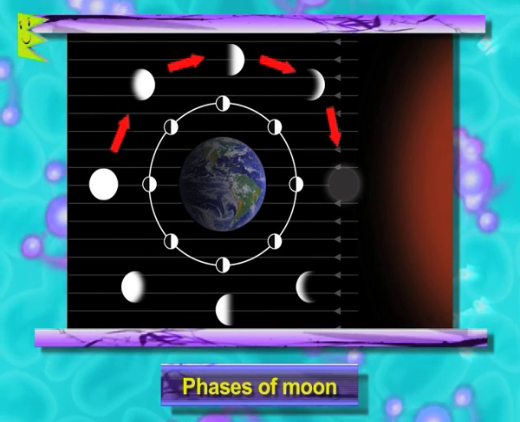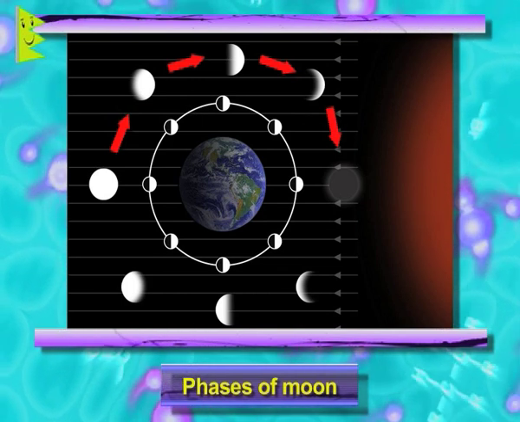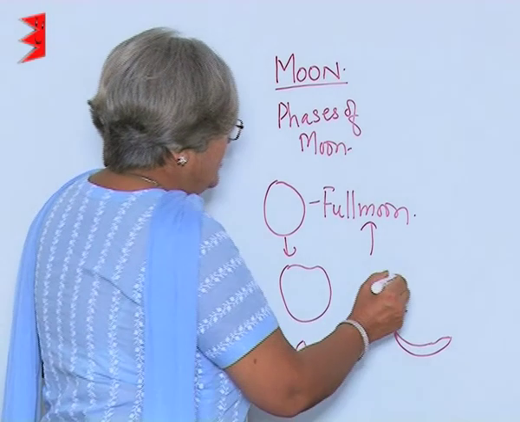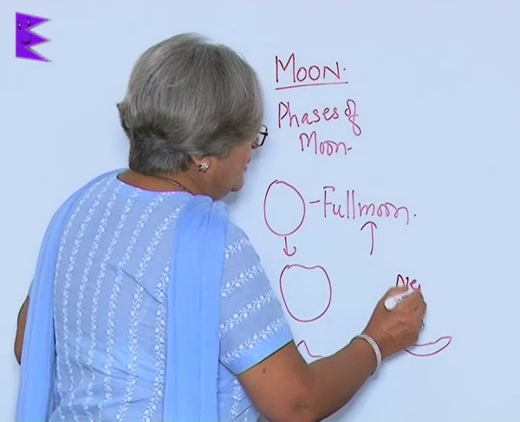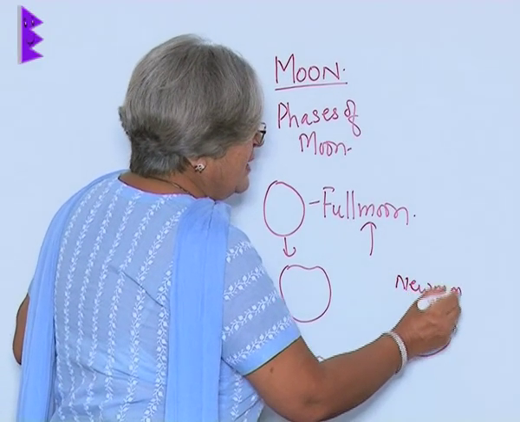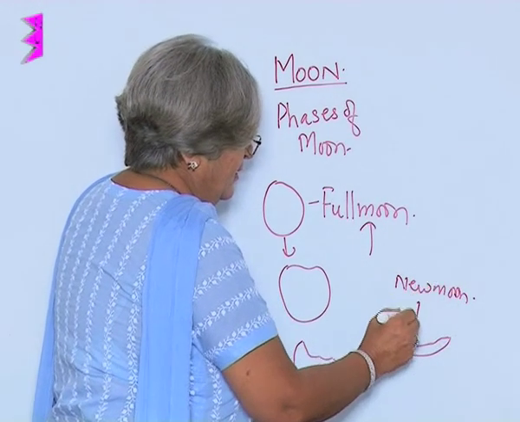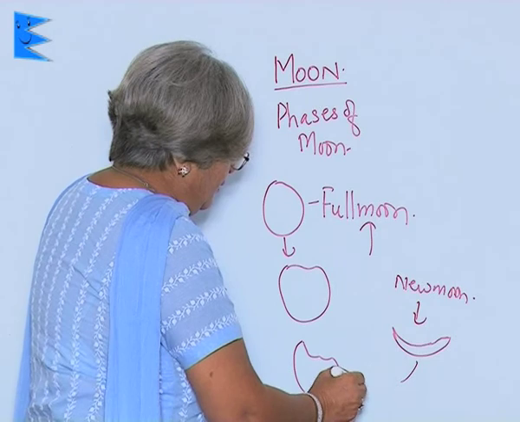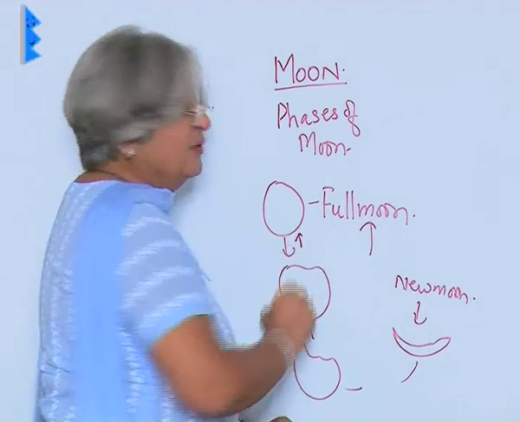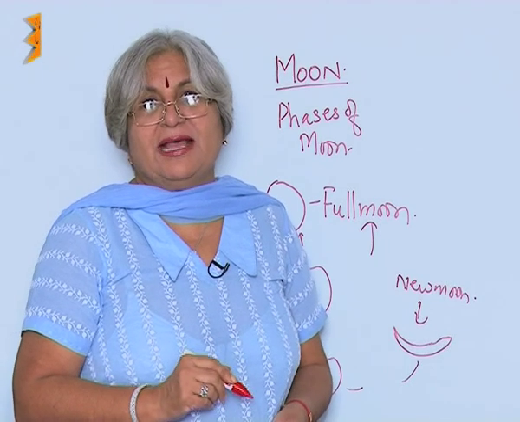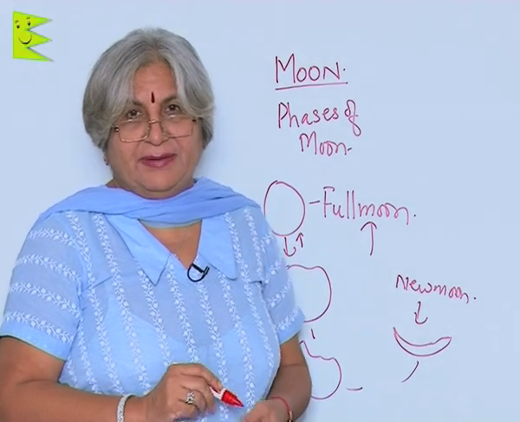So, after full moon, the size of the moon starts decreasing, and after it has reached new moon, then again the process starts backwards, from smaller to bigger back to the full size. So, we can say that after new moon, the size of the moon starts increasing.